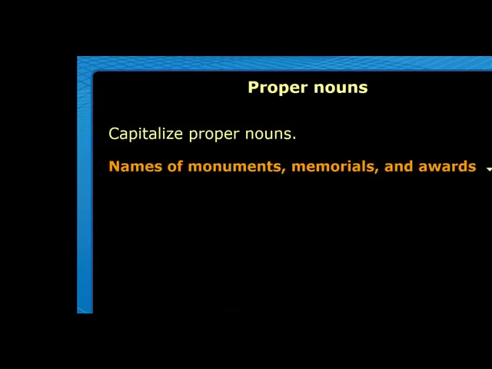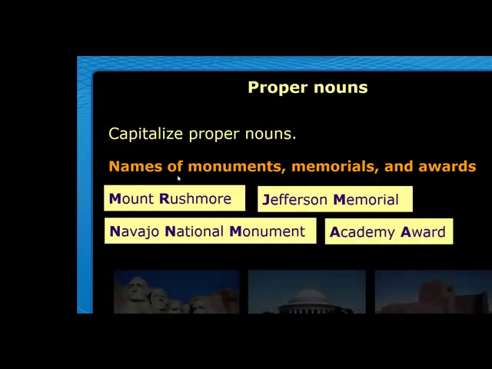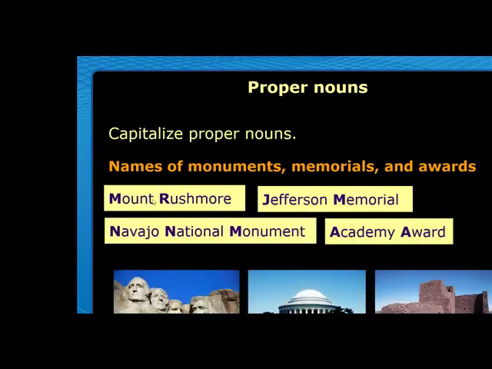Okay? Again, names of mountains, memorials. Memorials are specific places that we use to commemorate. Commemorate means to honor the death of certain people, very important people in history. And we talk about awards, prizes. For example, Mount Rushmore, Jefferson Memorial, Nevada National Monument, Academy Award, okay?